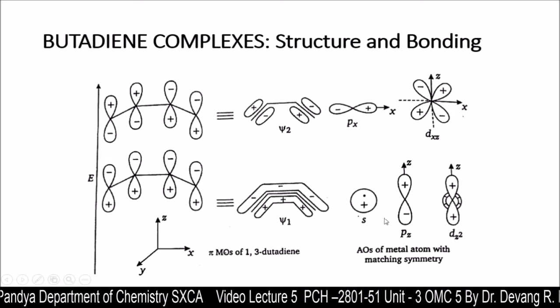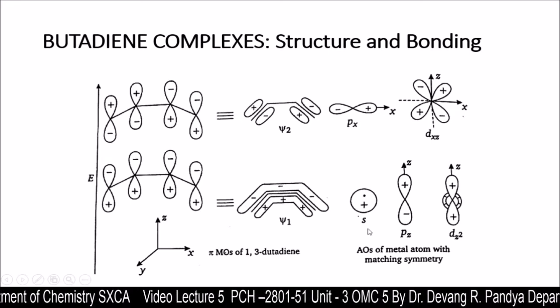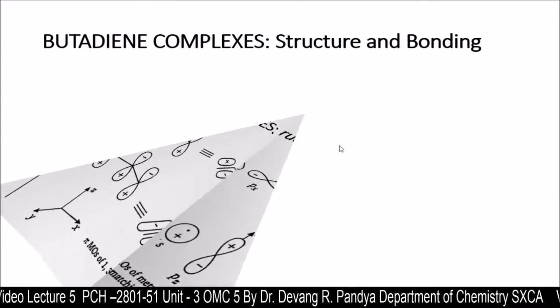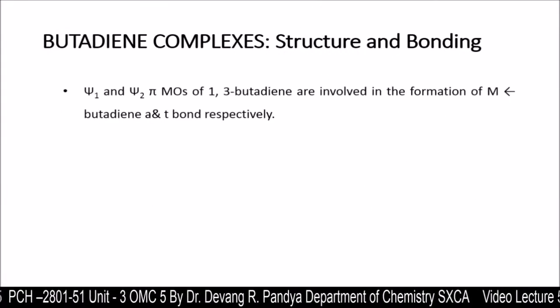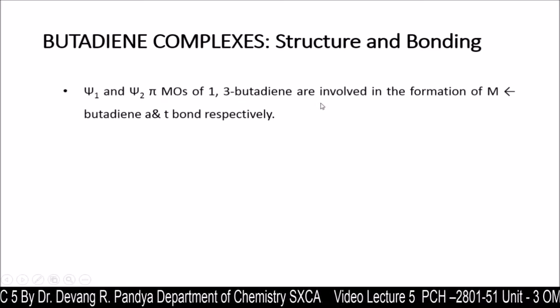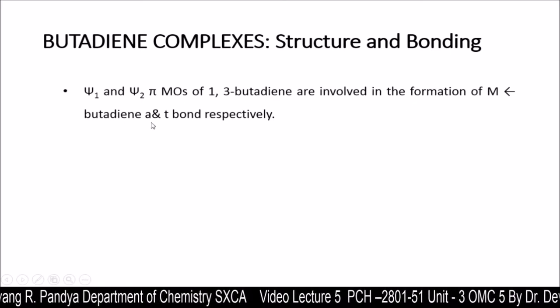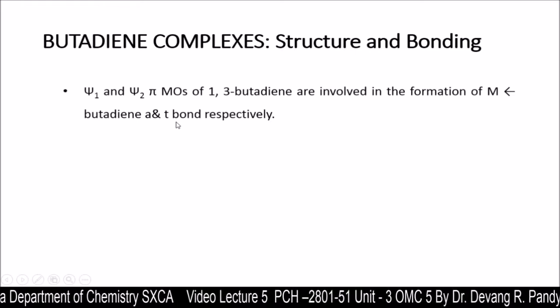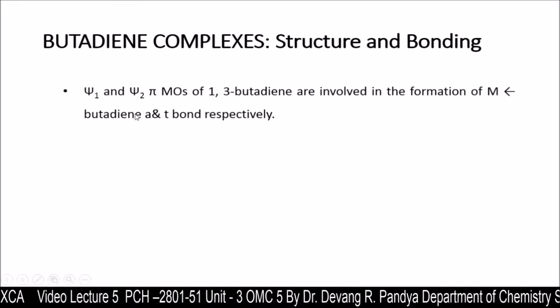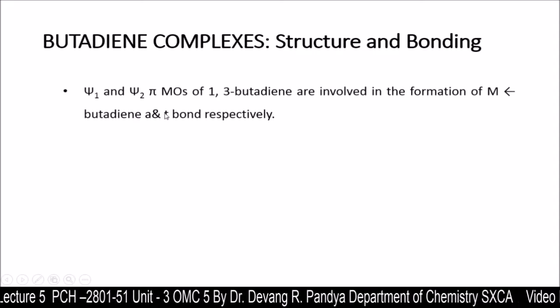These are the atomic orbitals of the metal with suitable symmetry, and those of suitable symmetry are going to overlap, resulting in bond formation. So psi1 and psi2, the pi molecular orbitals of 1,3-butadiene, are involved in the formation of butadiene-to-metal donation, that is sigma and pi donation respectively. Here A refers to sigma and T refers to pi.